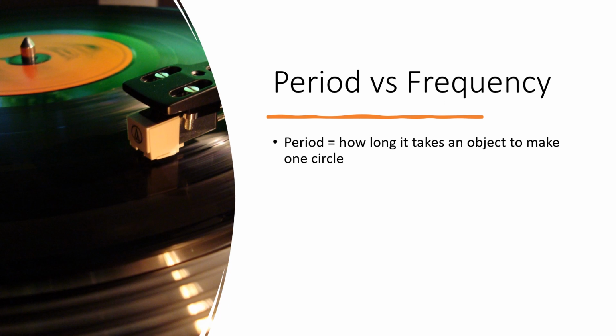So if I'm talking about this record player here, which is probably a thing that you may or may not have seen in your life, if I want to go for a whole spin of the record player, it'd be like, how long does it take from this point right here to go all the way around in the circle and come all the way back? That would be period. So how long it takes to go in that one circle.